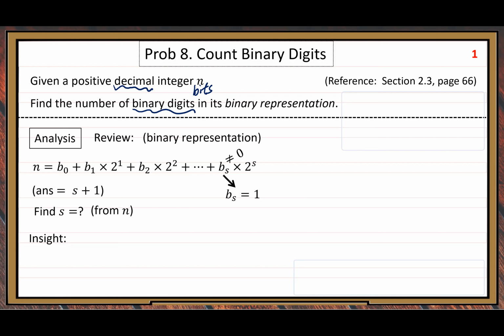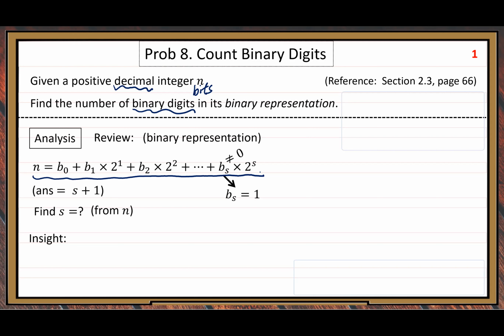Here, how to complete that important step for this question. I would like to give you some insight how to get that step. The insight here is, because from this standard formula, this is the standard binary representation form, we do not feel we can see the answer easily.